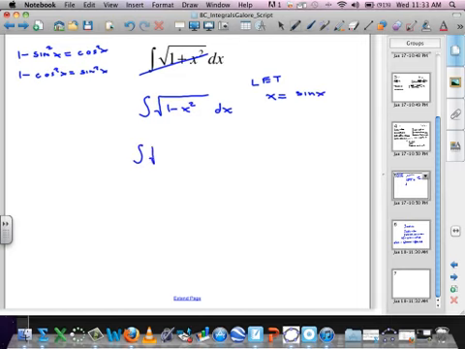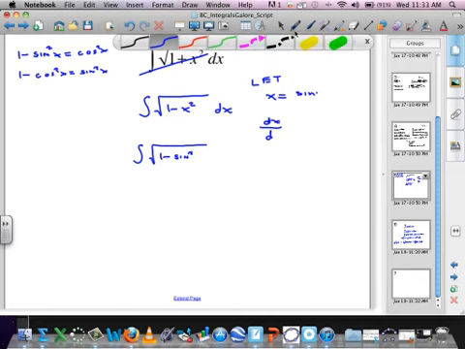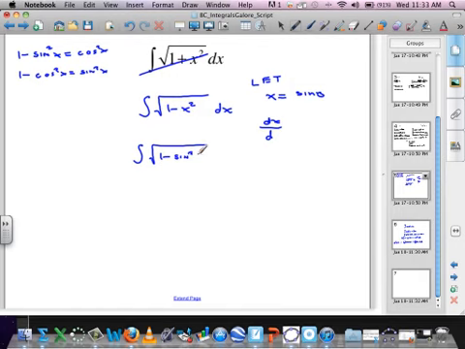You're going to have the square root of 1 minus sine squared x. And now we got to replace the dx. And I'm sorry, I should have replaced this correctly. I can't use x twice, I need a different variable. So let's use theta. So let x equal sine theta. There we go. dx d theta equals cosine theta.